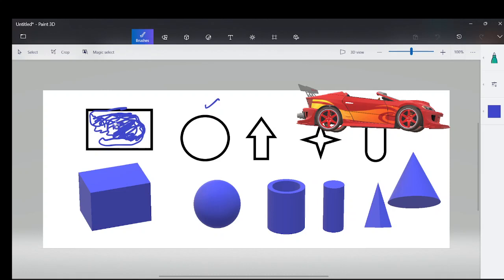This is area: the white part enclosed by the boundary. Clear? Everything inside is area. Lateral area, surface, total surface. Clear?